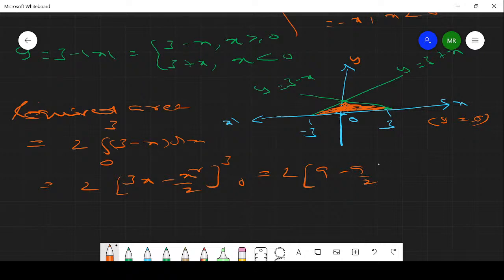Simplify, it comes 2 into 9 by 2. So it will be 9 square units. Just write the answer, 9 square units.